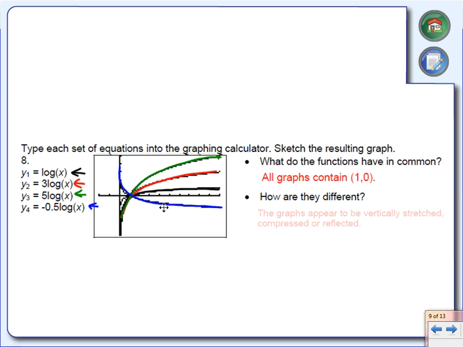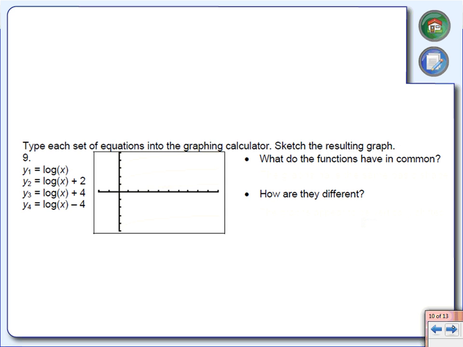We see some vertical stretching, some vertical compression, and we also see some reflection. Anybody know what's causing the reflection? The negative. Just like all the other functions that we looked at, the negative gives us a reflection over the x-axis.